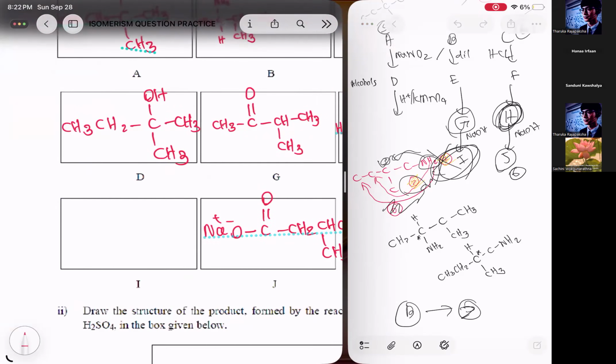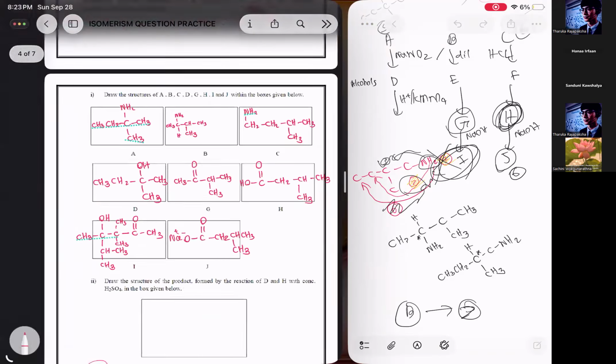Sorry, aldol ketol condensation. So CH3C, OH, CH, CH3, CH3, C, CH3, CH3, C, double bond oxygen, CH3.